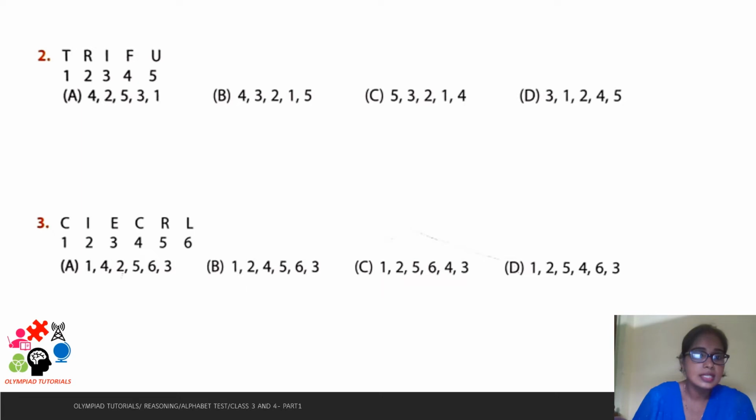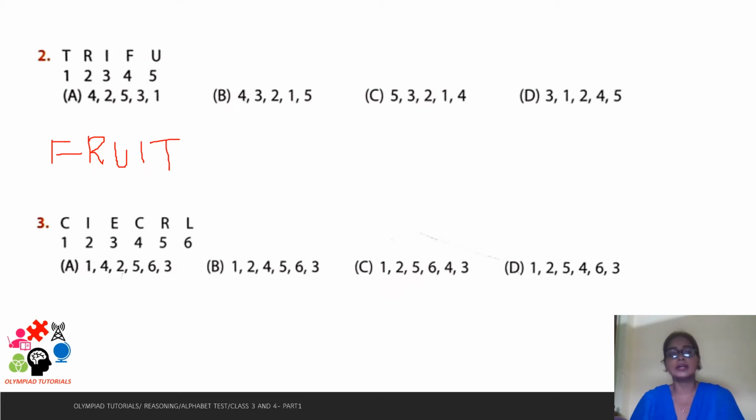So first option you can just check it out. 42531. 4 is F, 2 is R, 5 is U, 3 is I, and 1 is T. So right from the first option you have got the meaningful word, that is fruit. So there is no need of trying out other options, because we have got already the answer, fruit. This is a meaningful word, so your option number A is going to be correct.